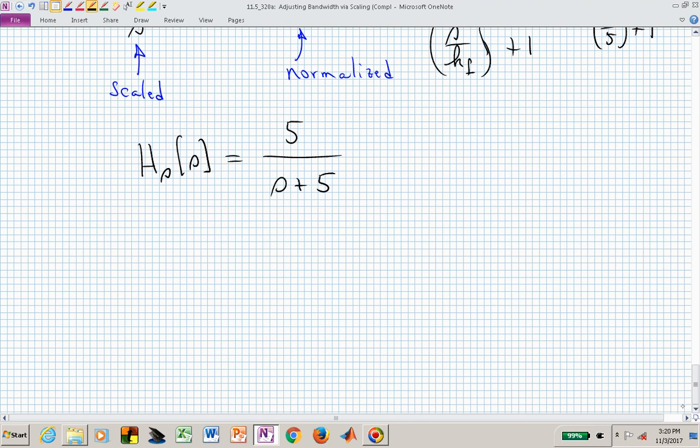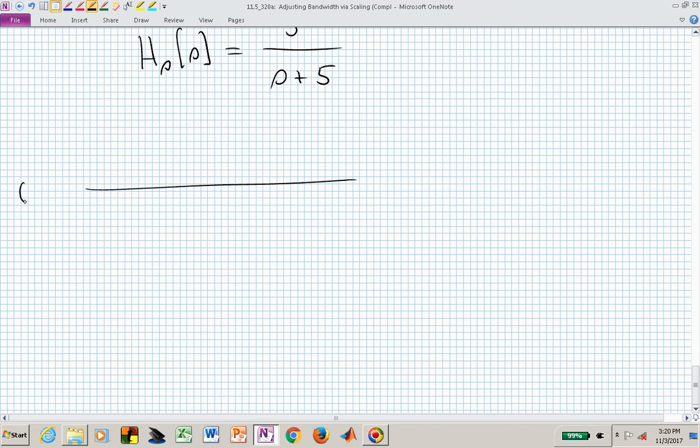In that frequency scaling of the transfer function, do we change the DC gain? No. If we set S equal to 0, we still have a DC gain of 1. And so now we have a passband magnitude of 0 dB.